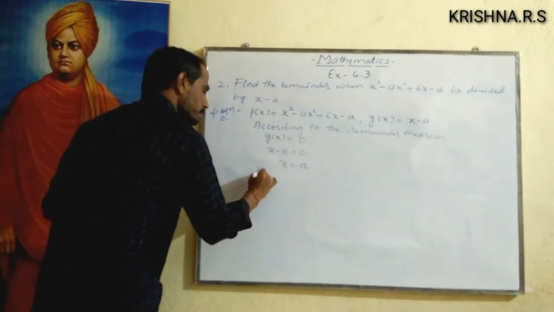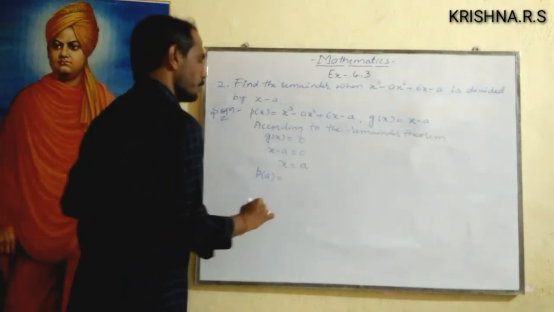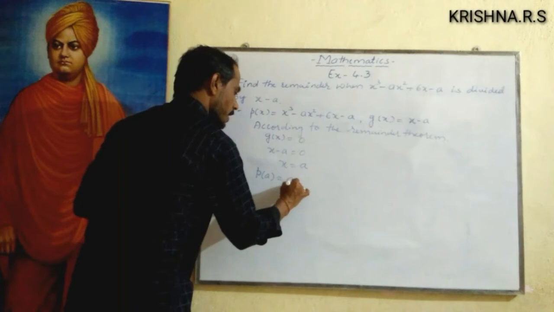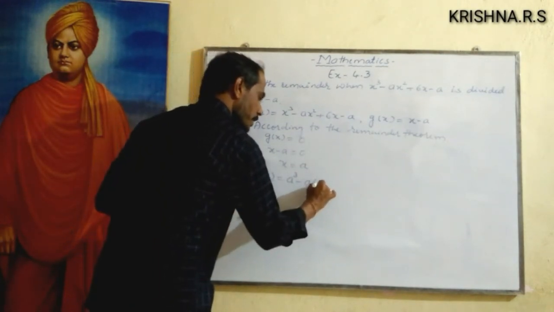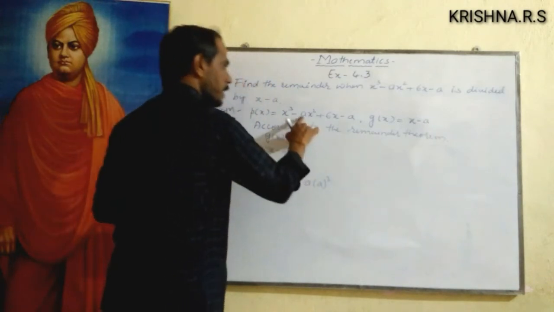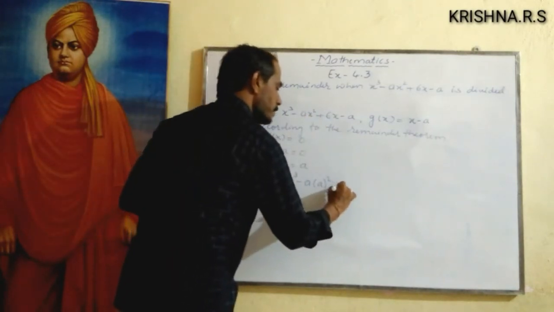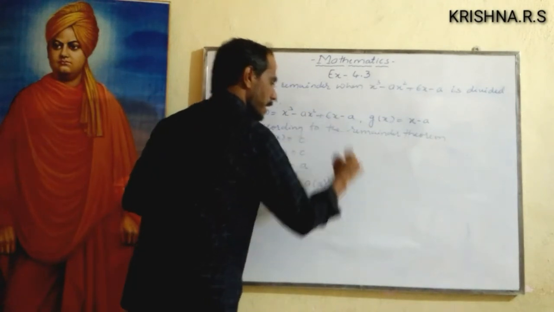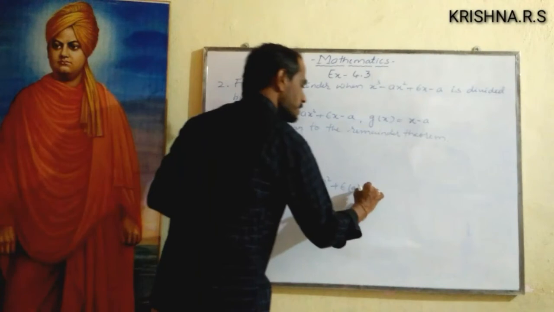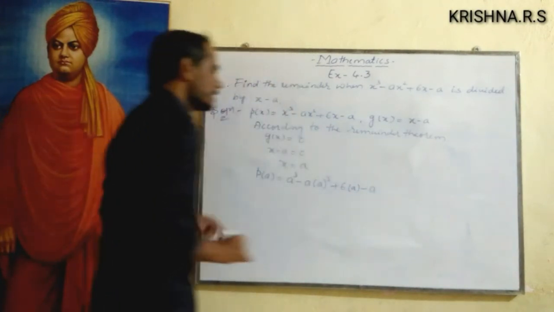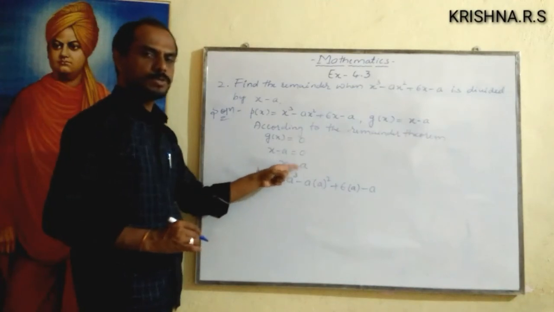P of a is equal to x cube, what is that one? A cube minus a into a square, ax square, a square plus 6x, x is nothing but a, okay, minus a. I just substituted in the p of x, x is equal to a.